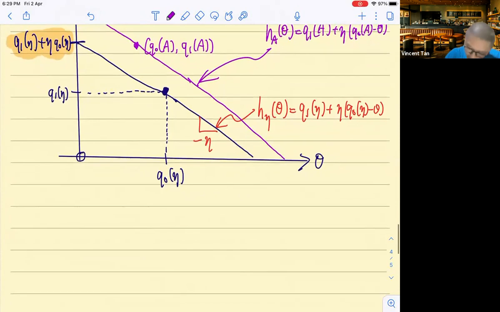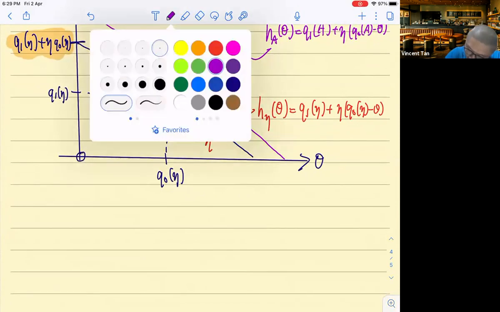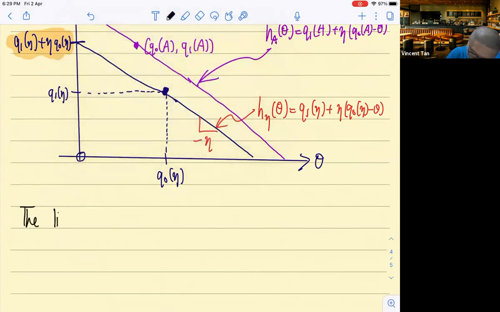So basically now we conclude that the lines H of eta theta and H of A of theta. So the first one is the threshold test line. The second one is the arbitrary test.